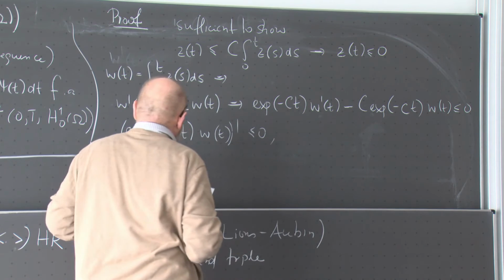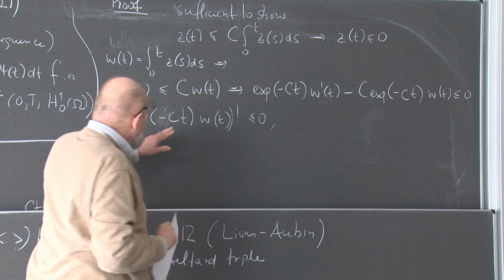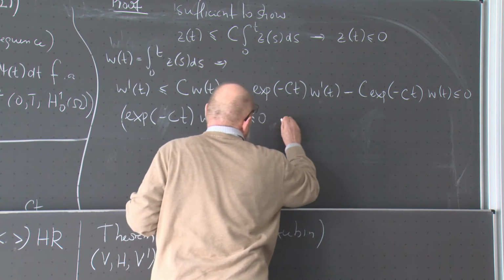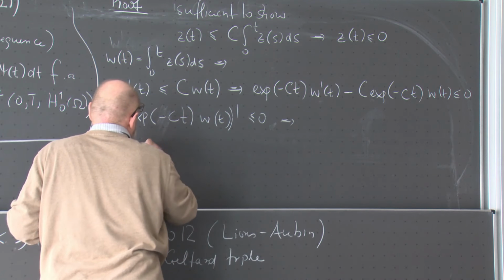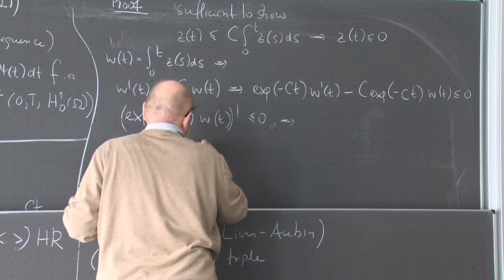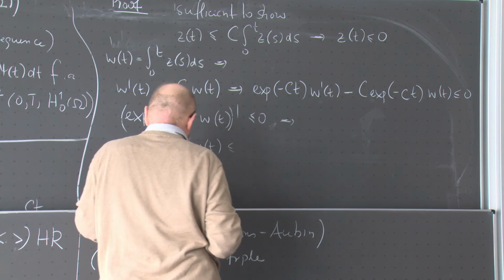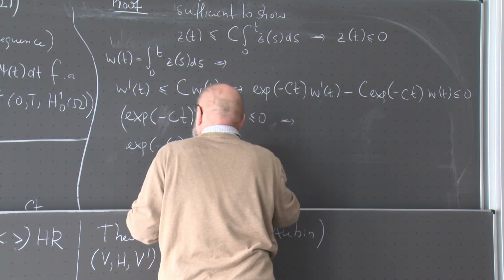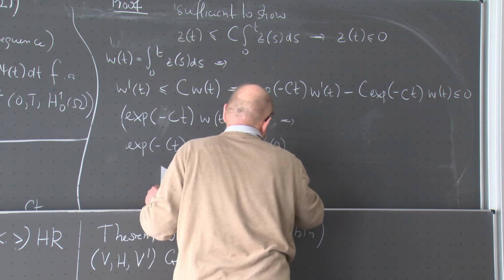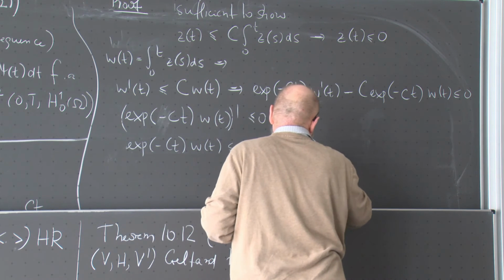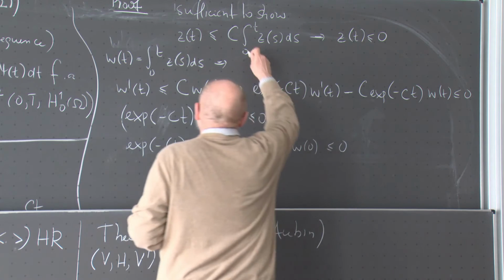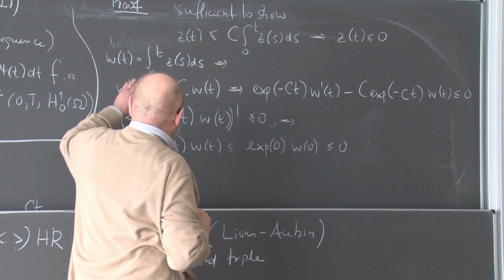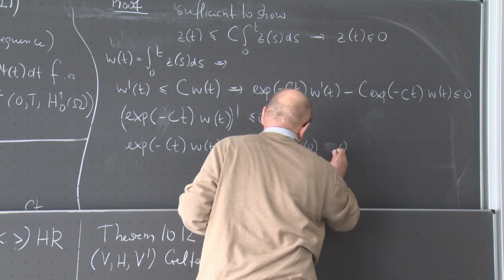So that means that this function is decreasing. And writing this down means that e to the minus ct w of t is smaller or equal than its value at 0. If you want, w at 0 is 0, and the other thing is smaller or equal to 0 if I plug in this. So both are 0.